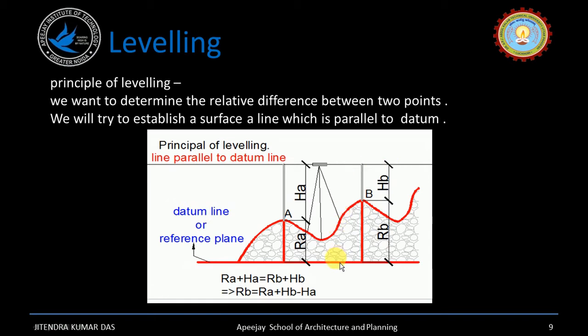And from the principle of leveling, RA plus HA will be equal to RB plus HB, and RA plus HA equal to RB plus HB implies RB equal to RA plus HA minus HB. So in that situation, RB, the reduced level of point B, can be easily found.